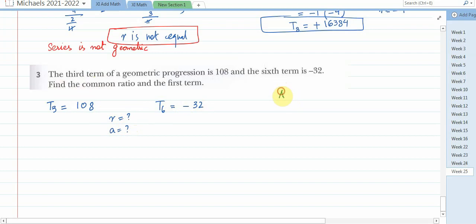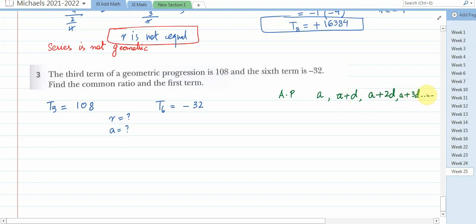What we had discussed in AP, that if the first term is a, the next term will be a plus d. Alright, after that it will be a plus 2d, a plus 3d, and it goes on.